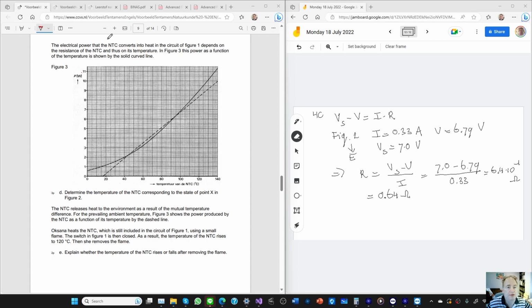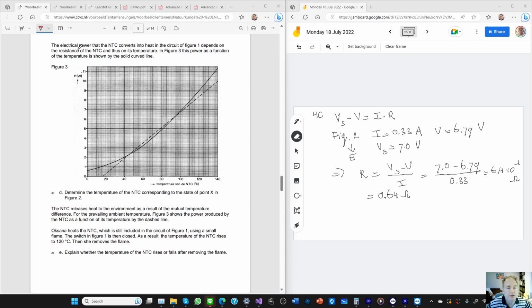The electrical power that the NTC converts into heat, that's of course through the equation for power is a potential difference times current, V times I, depends on the resistance, and thus the temperature, since we know the resistance depends on temperature. And then figure 3 shows this as a function of temperature, the solid curve here.